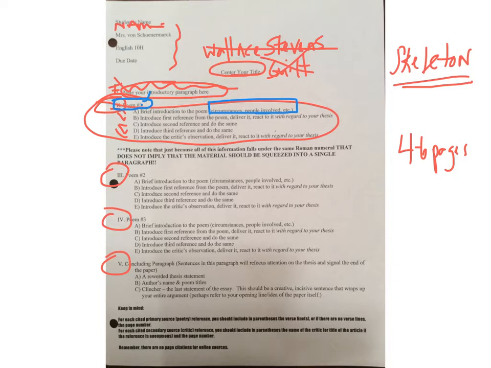This poem is a celebration of the common man. So we have a little introduction to the poem, a little bit about the circumstances or the people that are involved, and then we're building our argument around the 3 quotes that we've taken from the primary source.